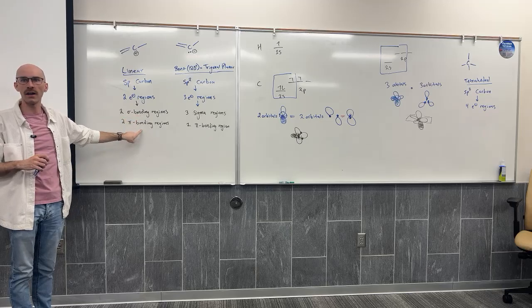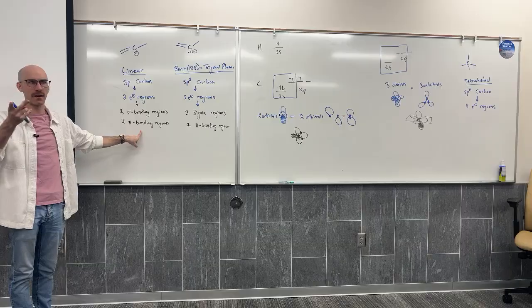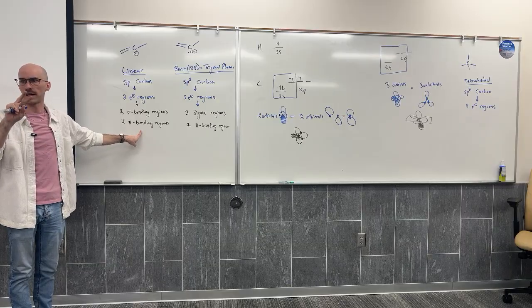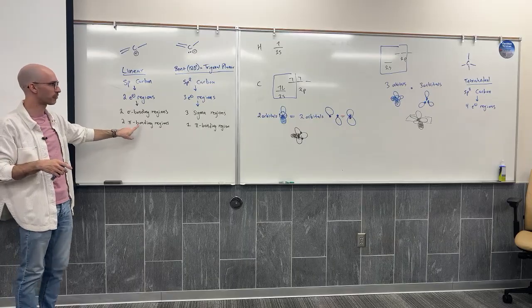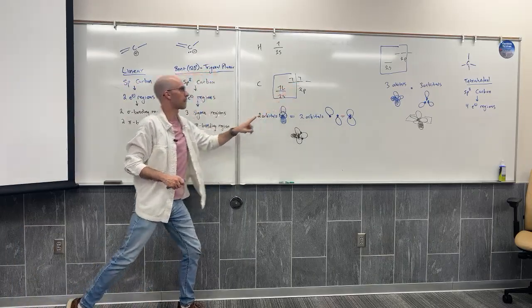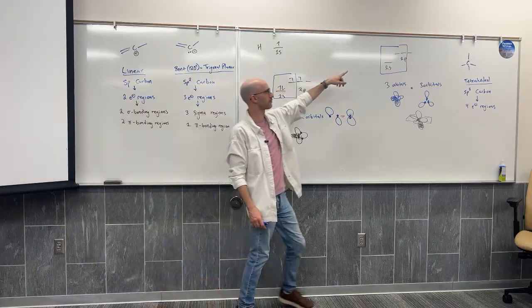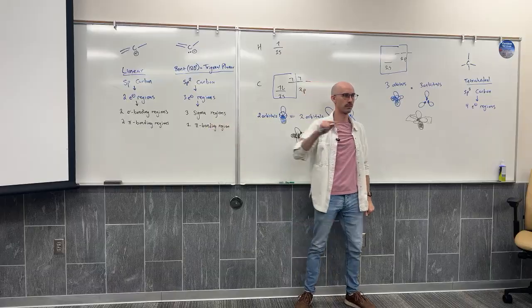The number of unhybridized p orbitals gives us pi regions. P and pi is an intentional alliteration. The fact that they start with the same letter is on purpose. P and pi, the number of p orbitals is related to the number of pi regions. 1 p orbital in sp2, 1 pi region.